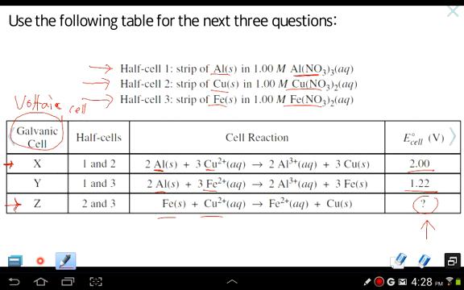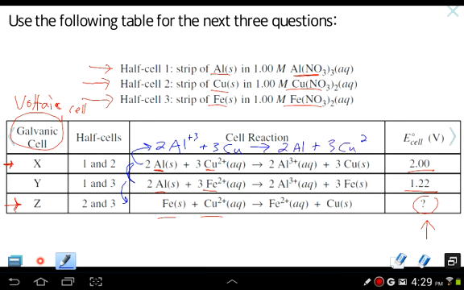The easiest way of doing this is to recognize that the first two equations will add up to give you the third equation if you turn one of them around. So I'm going to flip around the first equation, and I'll put reactants where products are. So I've got 2 aluminum plus 3 copper 2+ reacting, giving 2 aluminum 3+ and 3 copper.